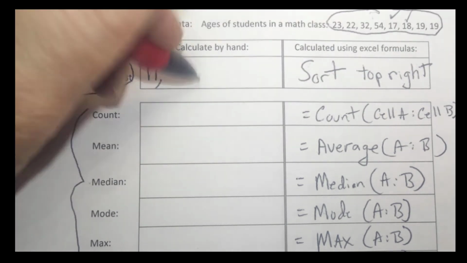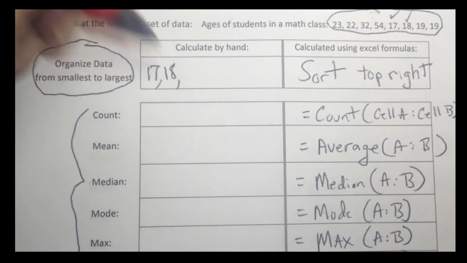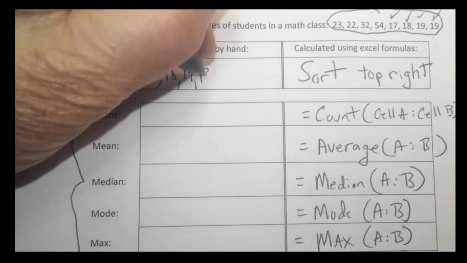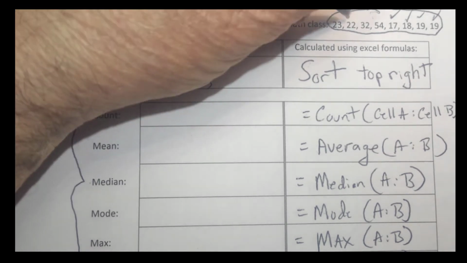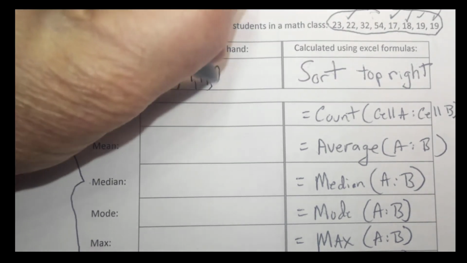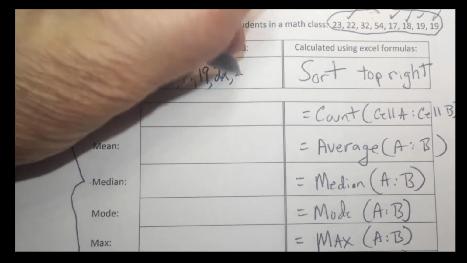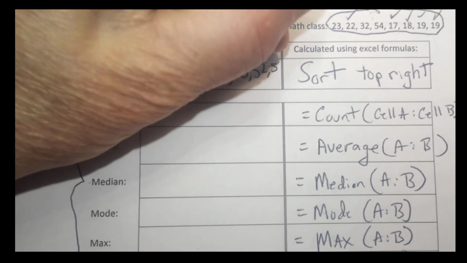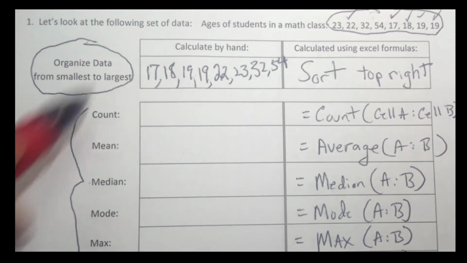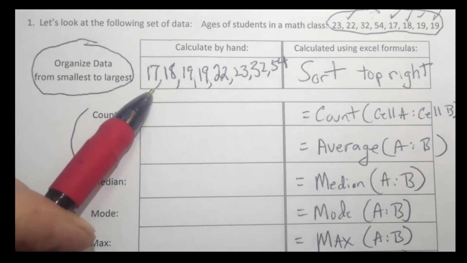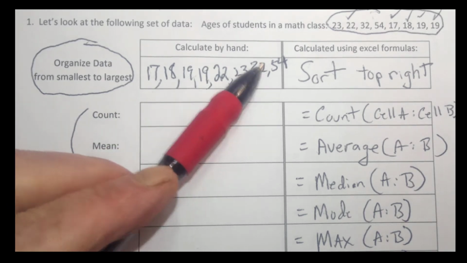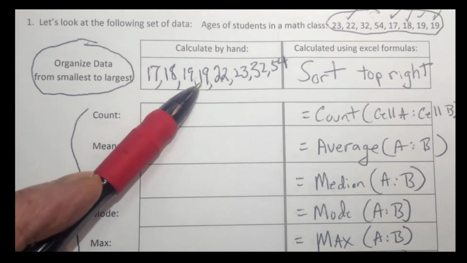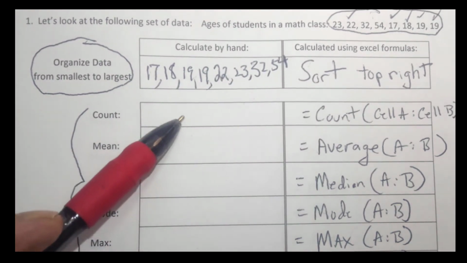And then I have one 18, two at 19, one at 22, one at 23, one at 32, and one at 54. So that is from smallest to largest. It's really easy to do with Excel. You just use the sort function and it does it automatically, but we'll get to that after we do these.